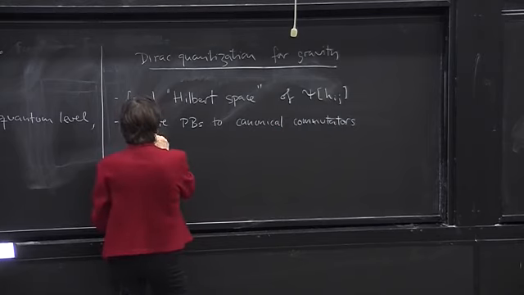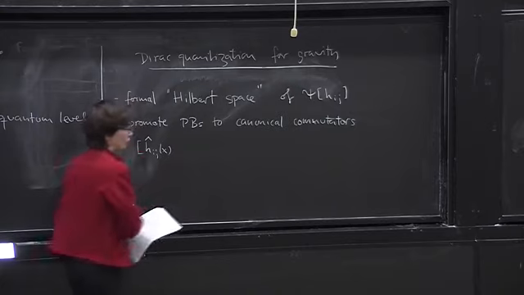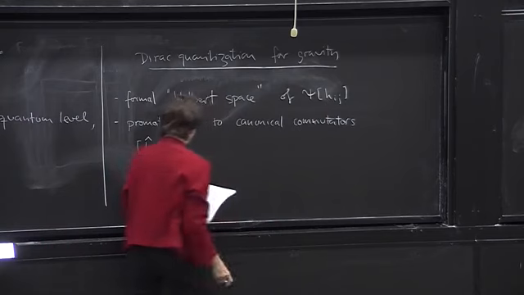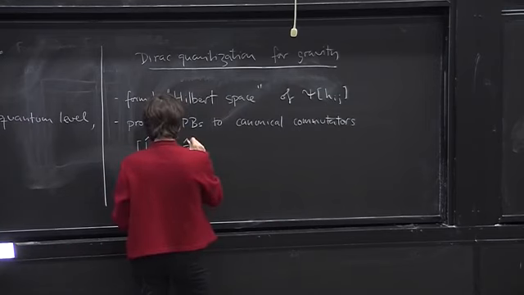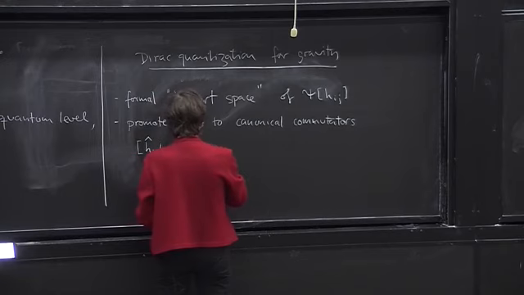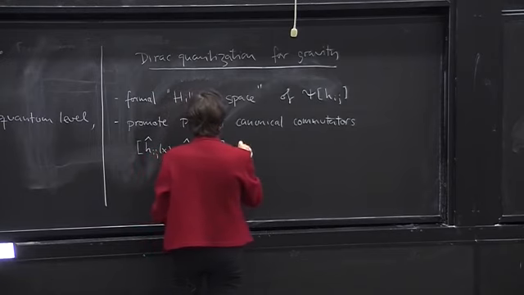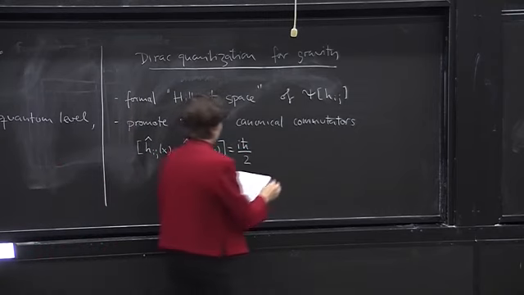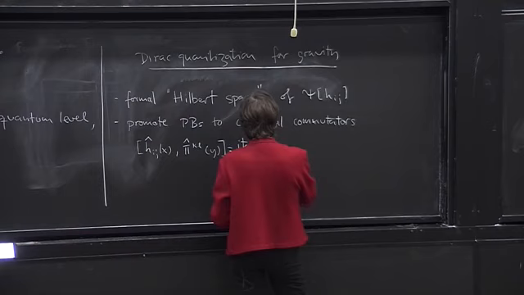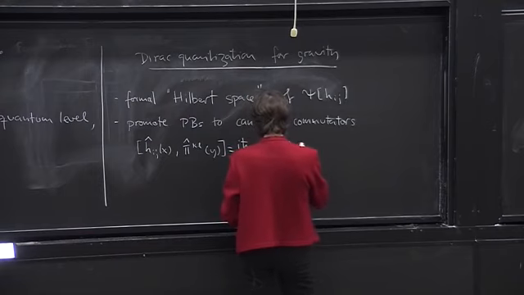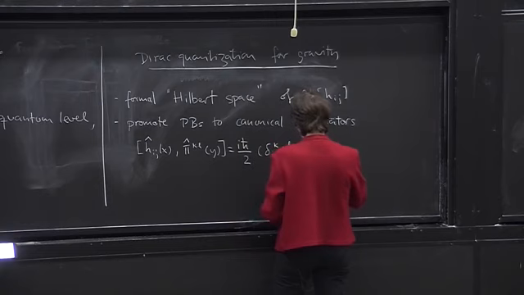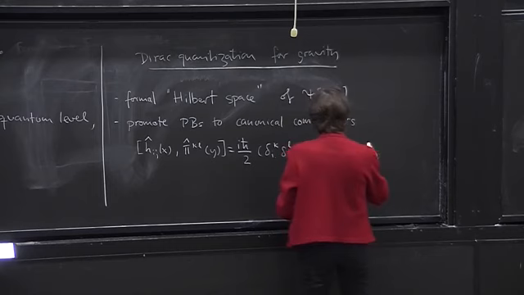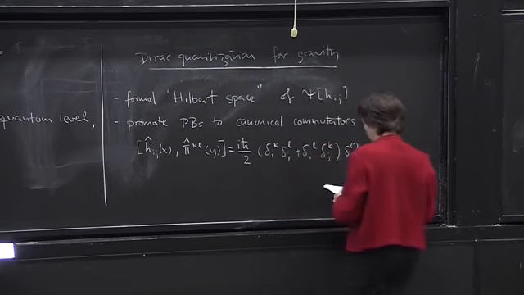Now I imagine I have a bunch of self-adjoint operators, obtained by hatting these classical things. And I hope these exist in some way. If they do, I'd like them to satisfy these relations, which are just the quantum analogs of the classical relations: delta_IK delta_JL plus delta_IL delta_JK, delta^3 of x and y.